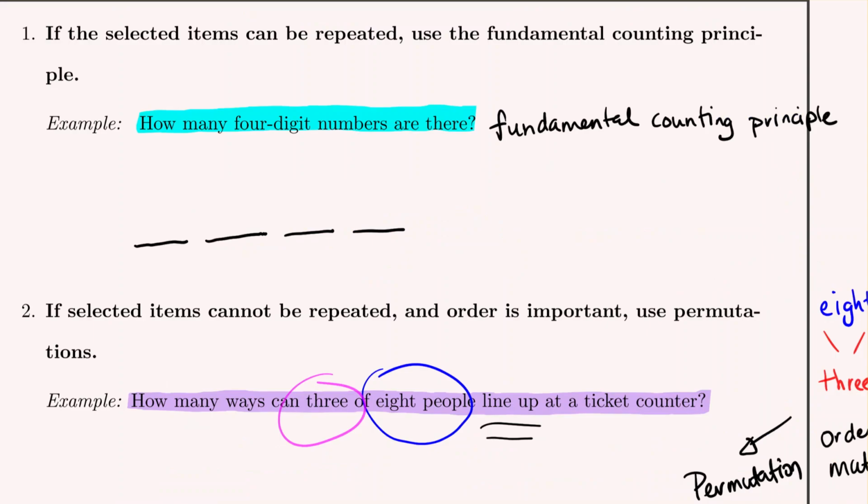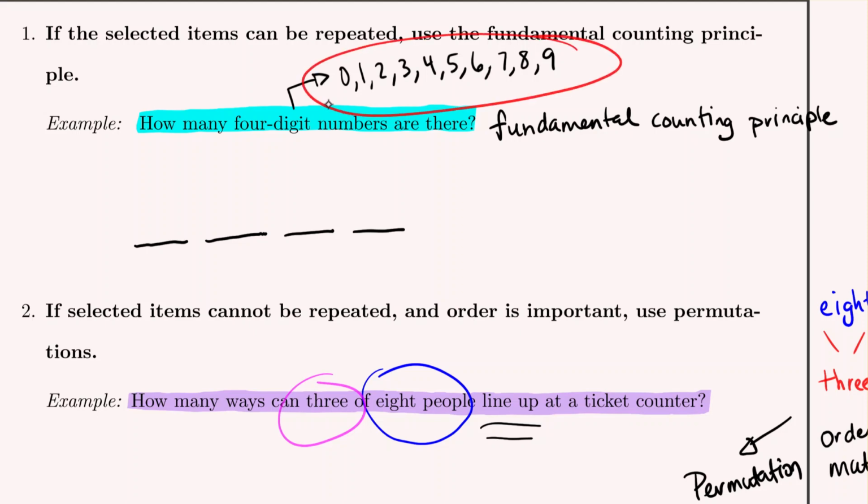Remember when it says how many 4-digit numbers, unless they specify otherwise, the digits we're allowed to use are 0, 1, 2, 3, 4, 5, 6, 7, 8, and 9, since we're not otherwise restricted. Now consider, could any of those 10 digits go in the first digit to the left, the thousands place? Consider if I wrote down 0123.